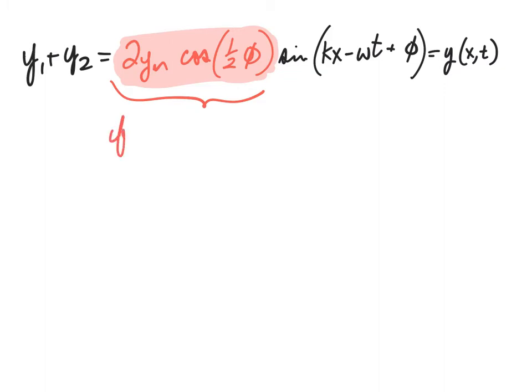So if that phase shift is 0, okay, then your amplitude is just 2 times that y height, whatever that y height is, okay? And what that would mean is that these things are completely in phase.